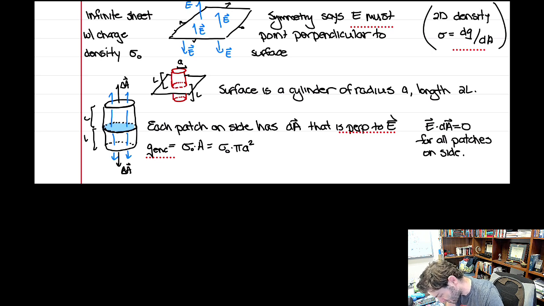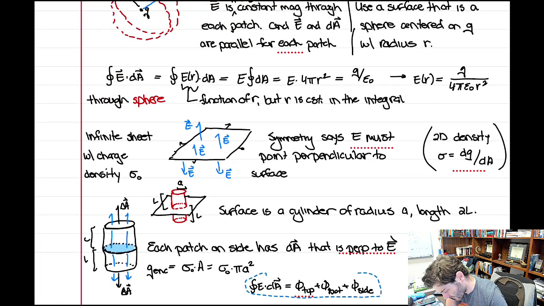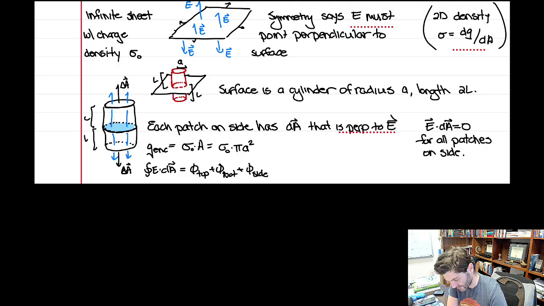So by Gauss's law, the total flux through the cylinder, our surface that we picked, is equal to the flux through the top, the flux through the bottom, and the flux through the side. The flux through the side, we just argued, was 0, because the electric field is perpendicular to all those area vectors.